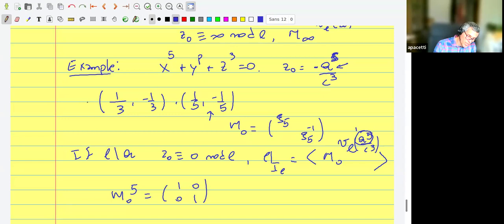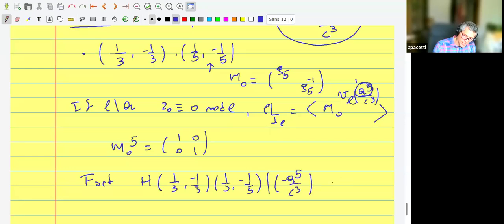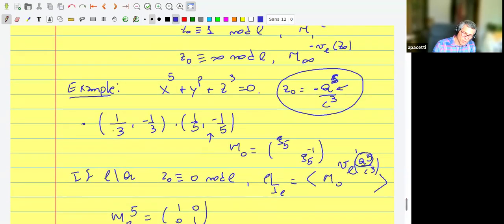And so what happens is that if you consider this motive with parameters 1/3, minus 1/3, 1/5, minus 1/5, and you specialize at a solution like this, then globally it is unramified outside the primes 3, the primes 5, and the primes dividing the value B. And the reason why you have the primes dividing the value B is because when you compute the sum of these two numbers and these two numbers, it's going to give you 0.